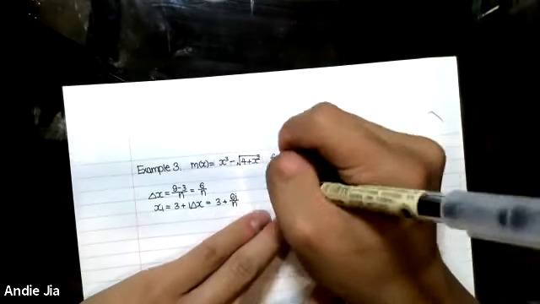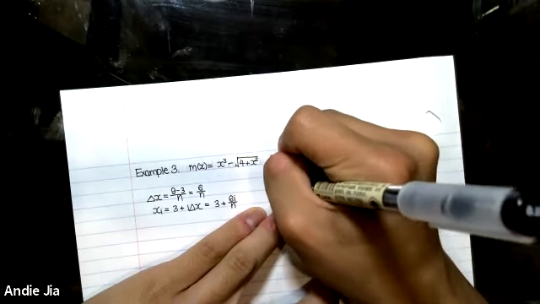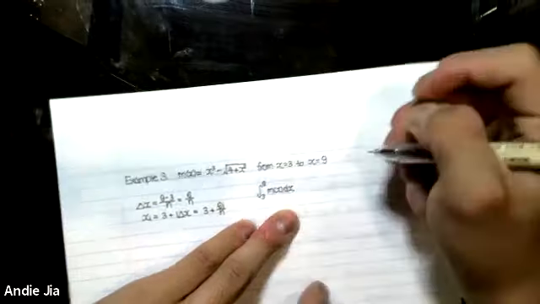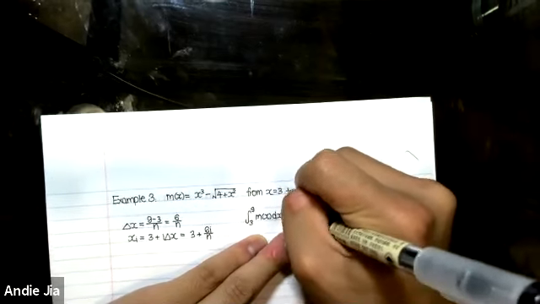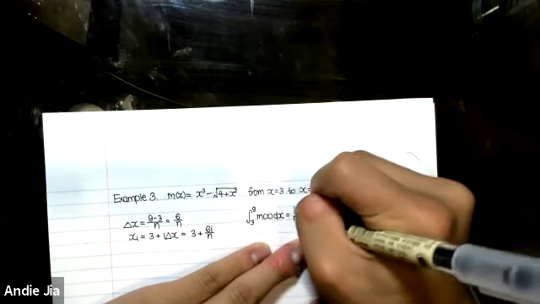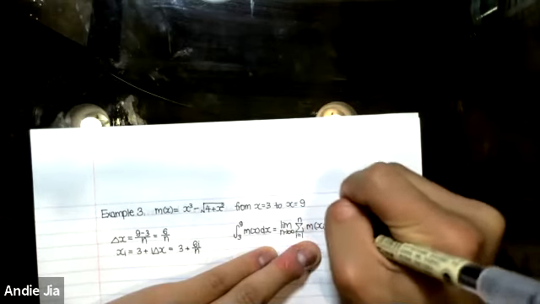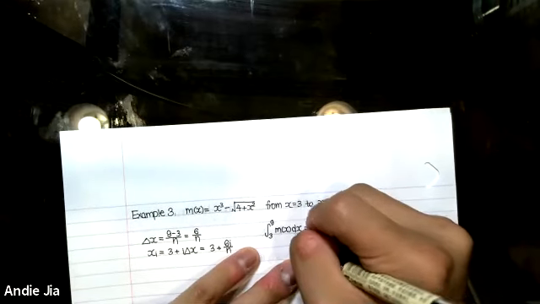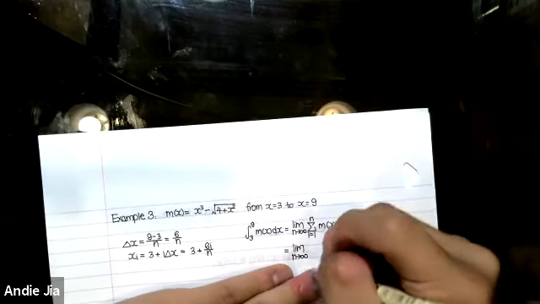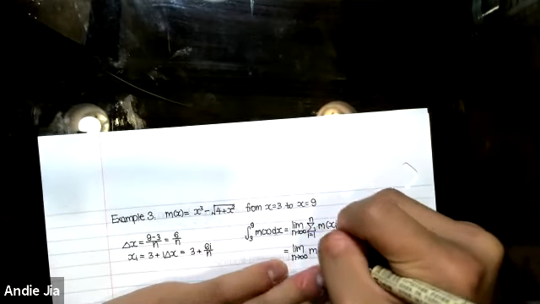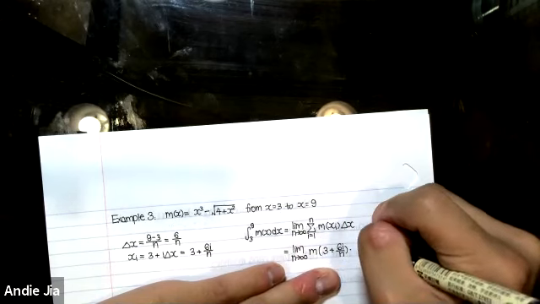And the exact area is still a limit. Then what we have is a limit of m times delta x, which is 6 over n.